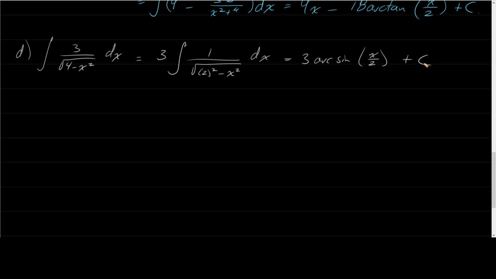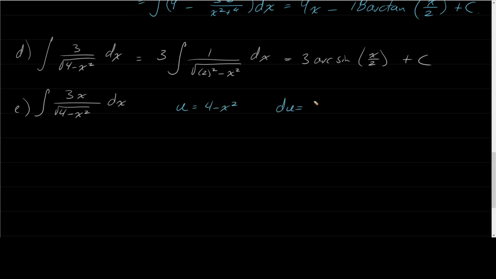Now let's look at another one that looks very similar to this. So E, the integral of 3x over the square root of 4 minus x squared dx. So in here, the very first thing I'm going to do is a u substitution. Let u be equal to 4 minus x squared.